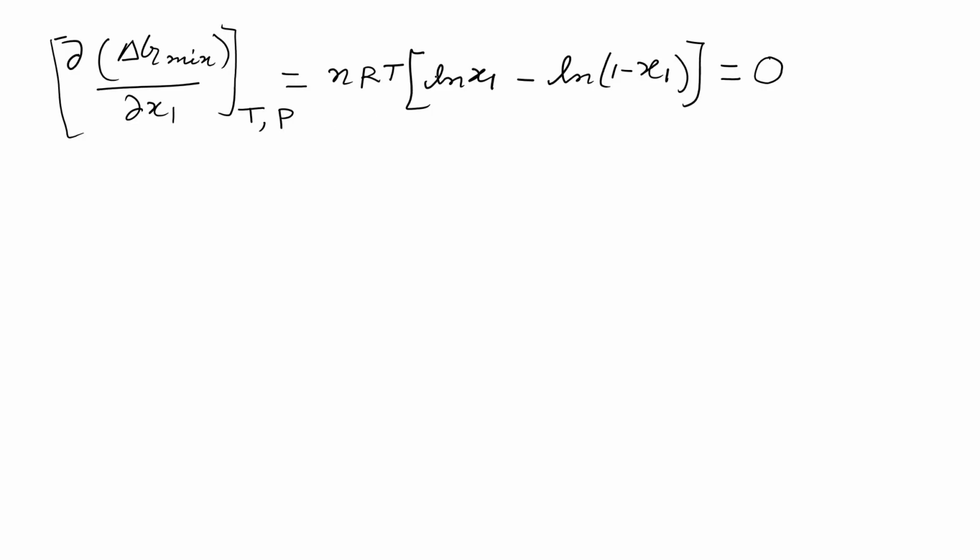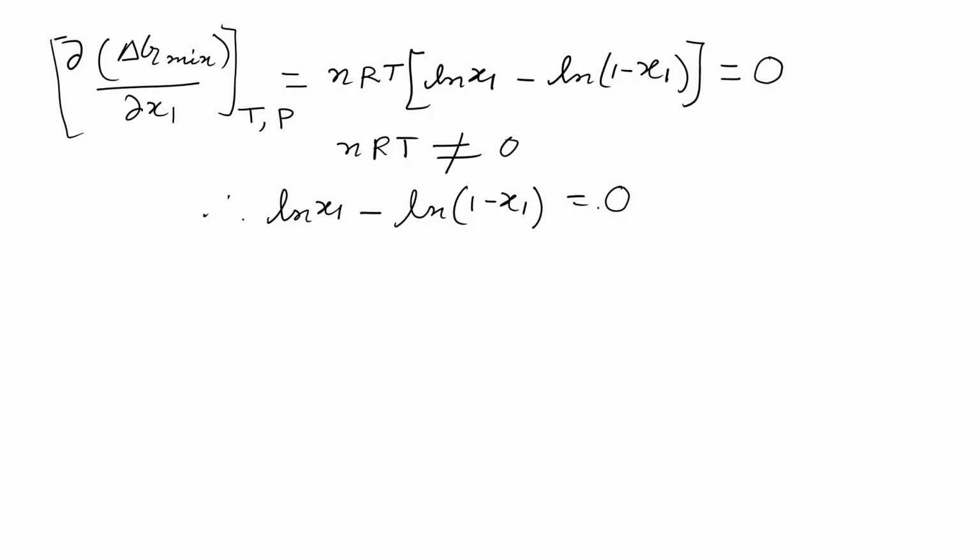Now, this is 0 means either this term is 0 or this term is 0, but nRT cannot be equal to 0. So therefore, what we can write, ln x1 minus ln 1 minus x1 is equal to 0.